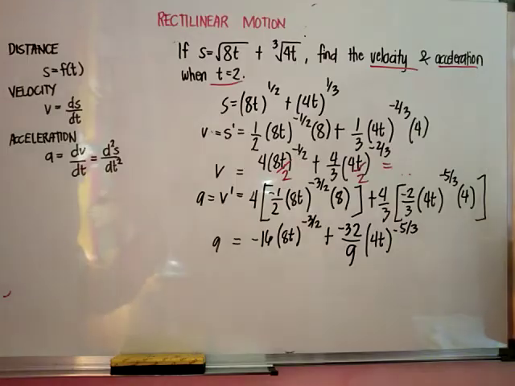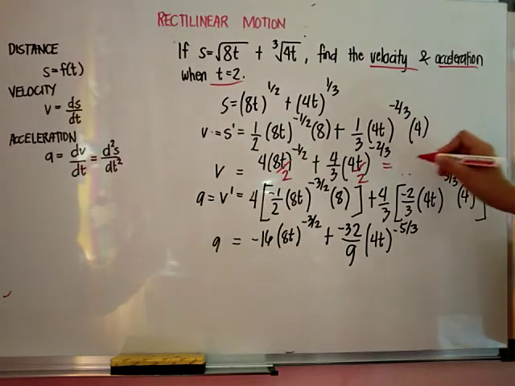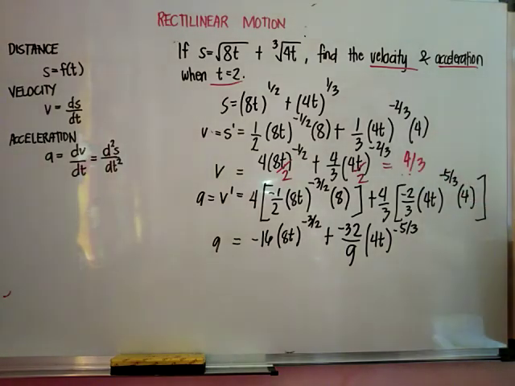So, we have 4 times 16 raised to negative 1/2 plus 4/3 times 8 raised to negative 2/3. So, we have 4/3. So, yung velocity natin is 4/3. No need nang i-simplify, pwede na yan i-direct sa calculator.